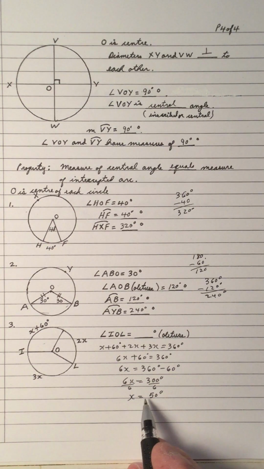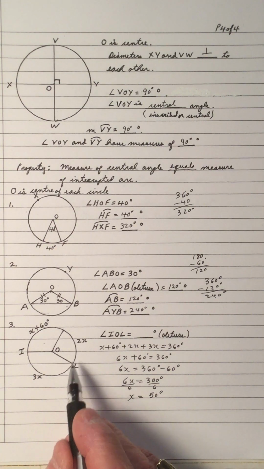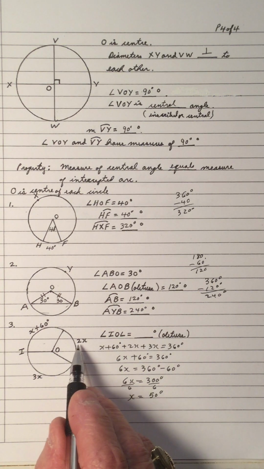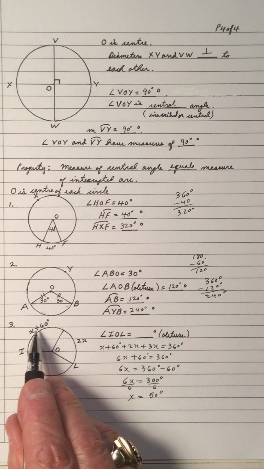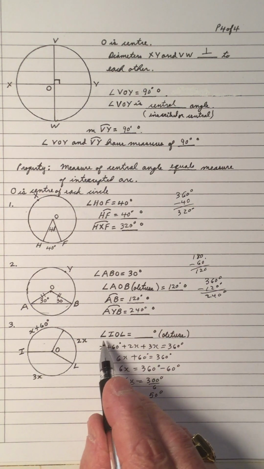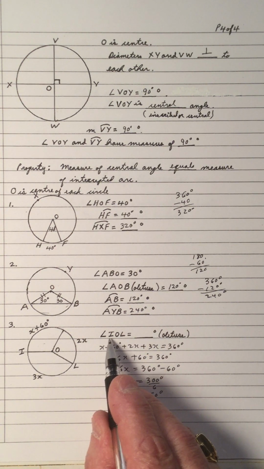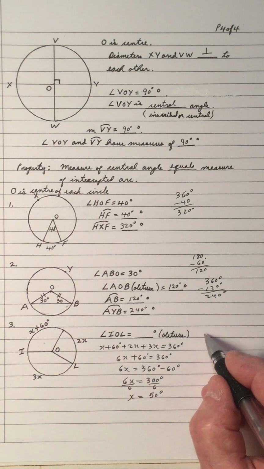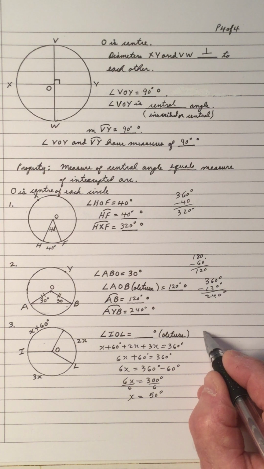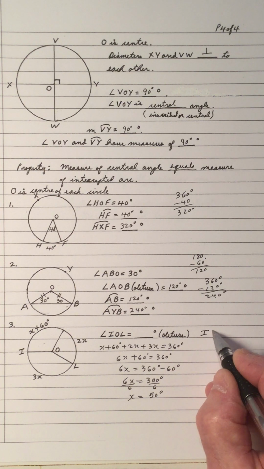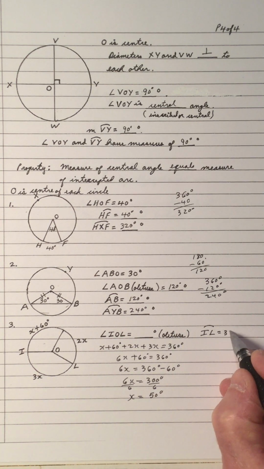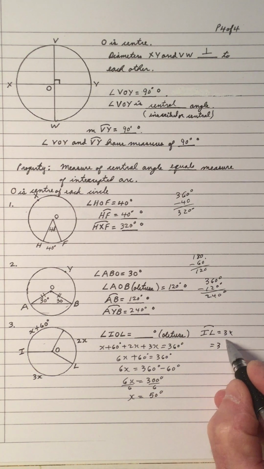So because x is 50, I can get the measure of these arcs. But we want the angle IOL. So the arc IL is 3x, and x is 50.